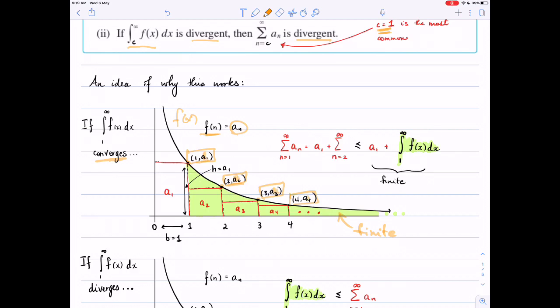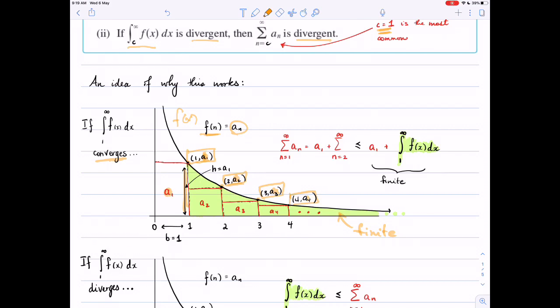And, well, we can sort of do like we did with Riemann sums. We can make rectangles with these, and if we make our rectangles here using right endpoints, then the y value, which is the series term, is the height of our rectangle.